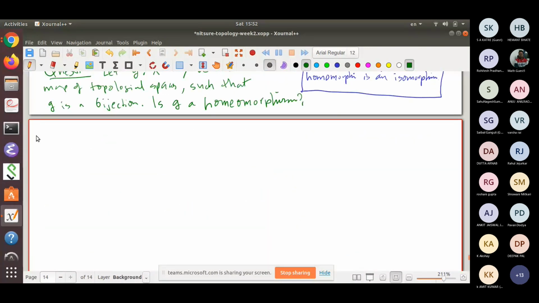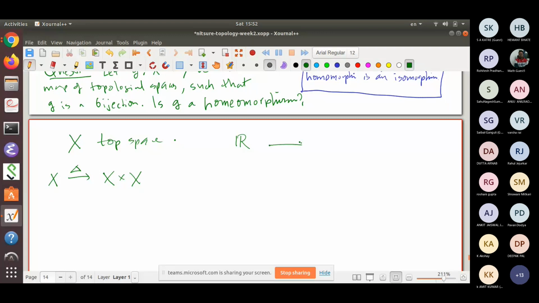So let me begin with an example. After all, I have some topological space. For example, let's take R. Now take x cross x and take the diagonal map of x into this. Here I can draw a picture.